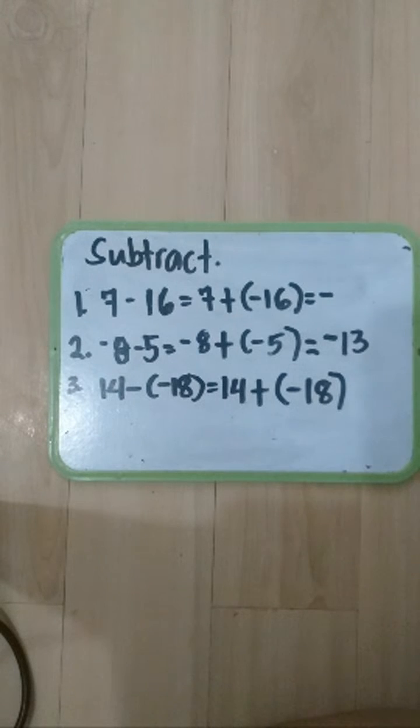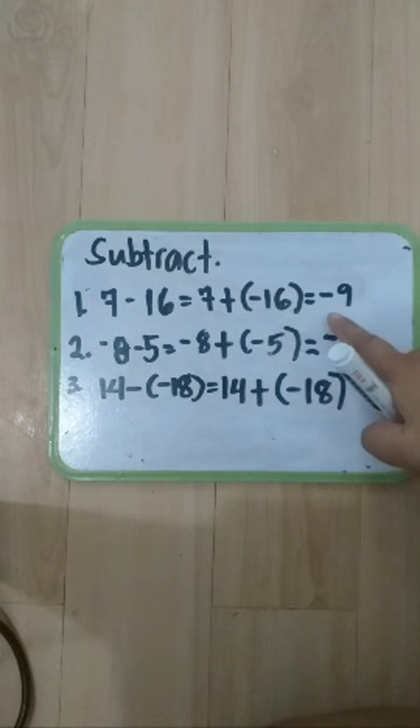Okay. So the correct answer here is 16 minus 7 is 9. So our answer here is negative 9.